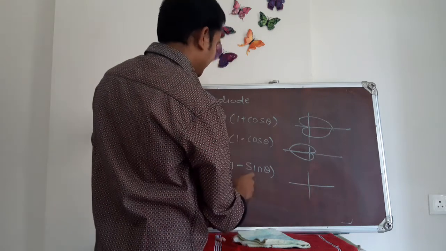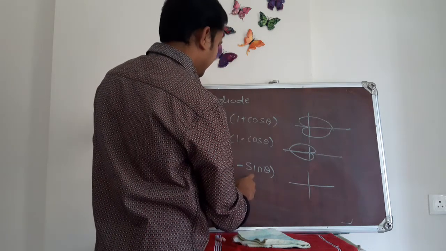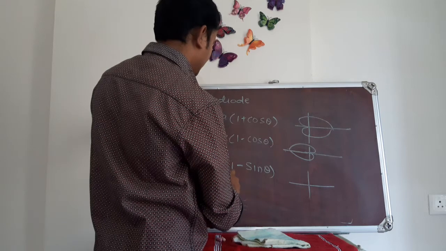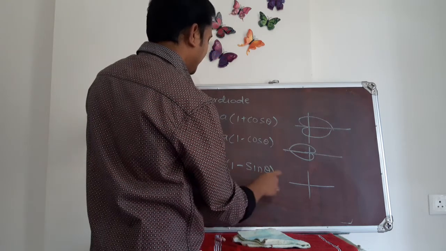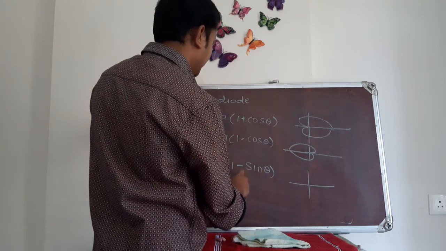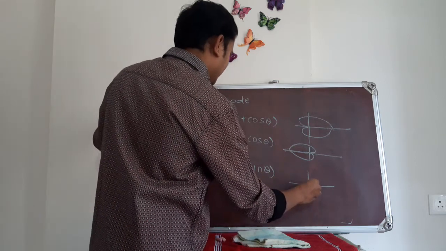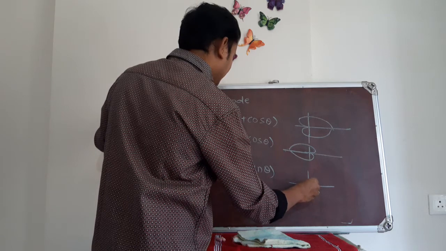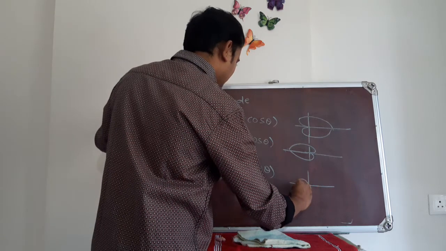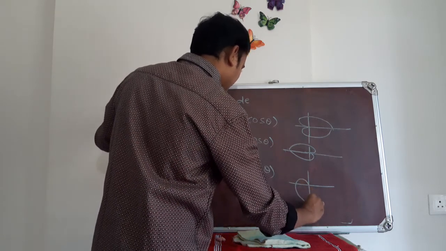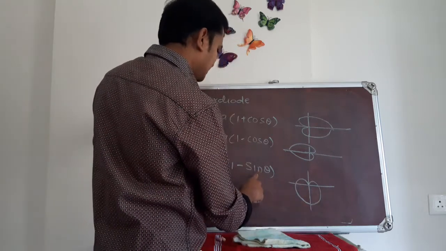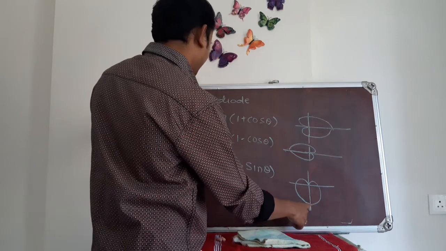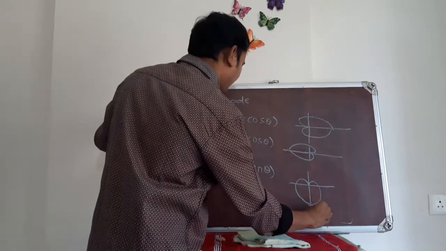So with 1 minus sin theta, at theta equal to 0 it is a, and at theta equal to pi by 2, sin pi by 2 is 1, so it is 0. Okay, so at theta equal to pi by 2 it is 0, so it is something like this. At theta equal to minus pi by 2, it becomes 2a, so this is 2a.